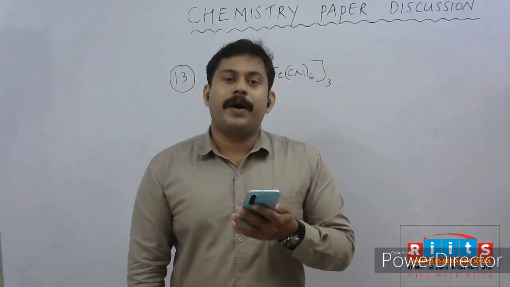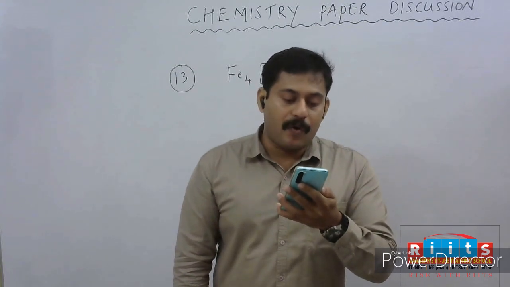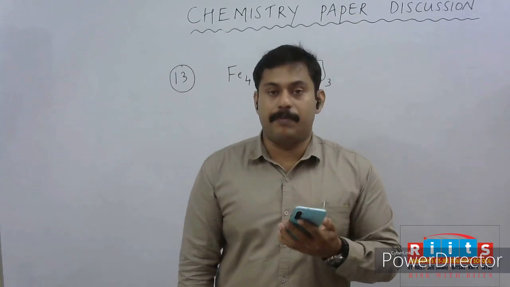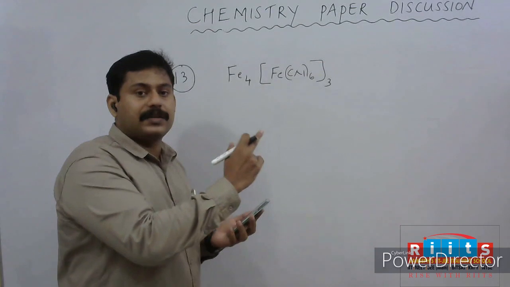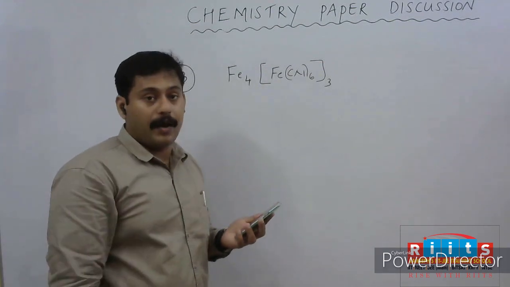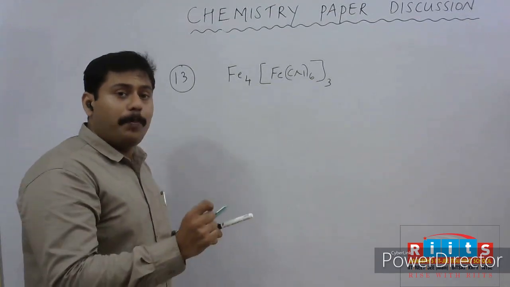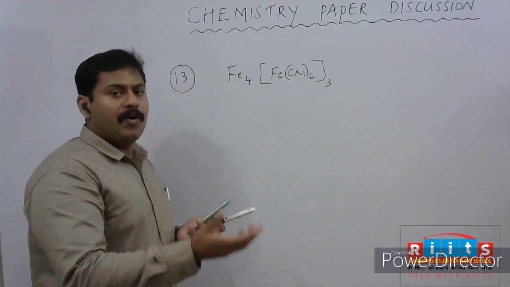Thank you. Okay, let's discuss question number 13. Regarding Fe4[Fe(CN)6]3, which is not a correct statement? This is actually a coordination compound, but this topic is from basic concepts, so we can apply that. What is the name of this compound? According to IUPAC rules, the name will be iron hexacyanoferrate(II) only.